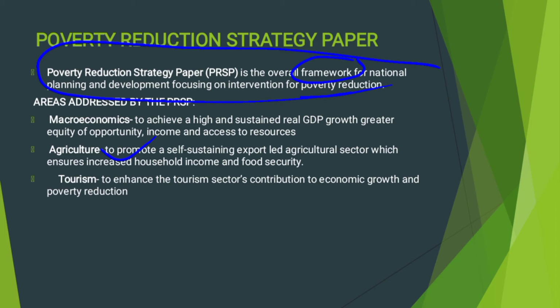This one is very important, agriculture. So, agriculture should be bringing household income. Farmers must be able to benefit, must be able to get an income to use for their consumption from agriculture. And food security.